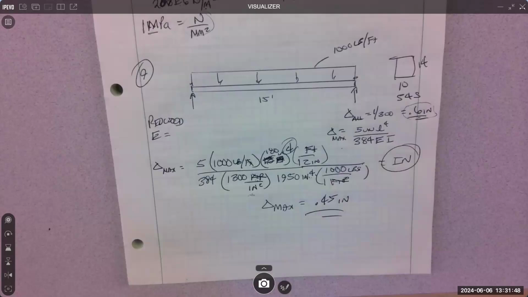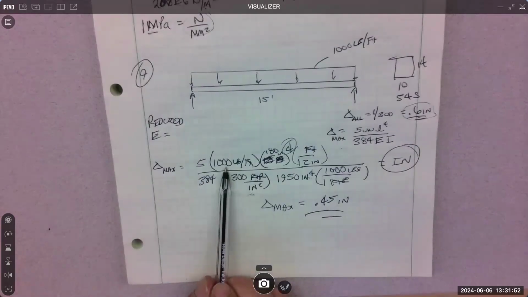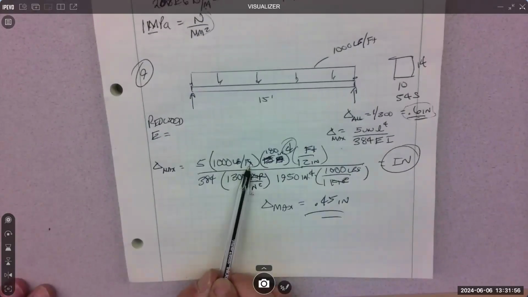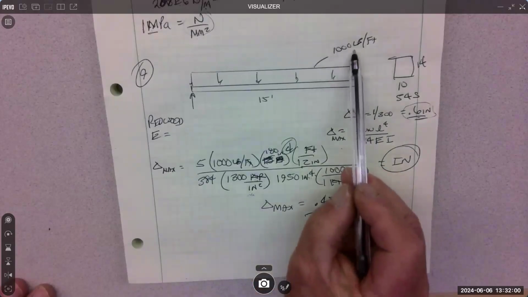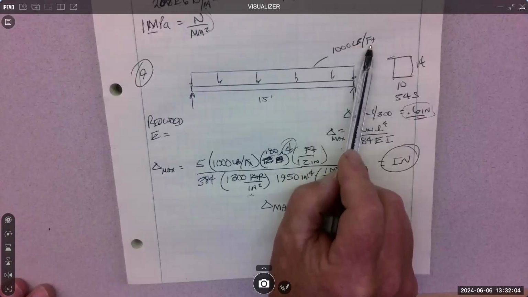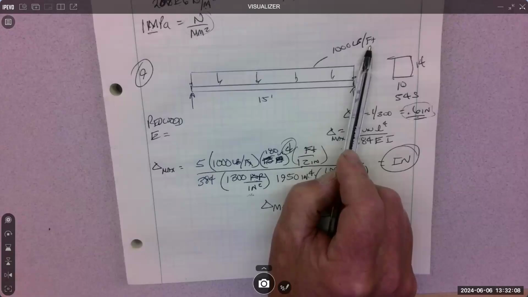Would the 1,000 pounds be turned into 12,000 PSI? It's not squared. It would be per inch if you did that.